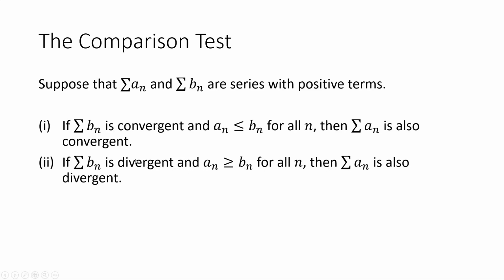So notice, for showing divergence, we have to pay attention to the direction that this inequality symbol is pointing in. This inequality symbol is very important, and is the key part to the argument that you're making in the comparison test. So we'll try and make our argument carefully when we're using this version of the comparison test.